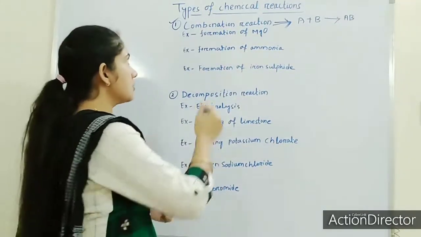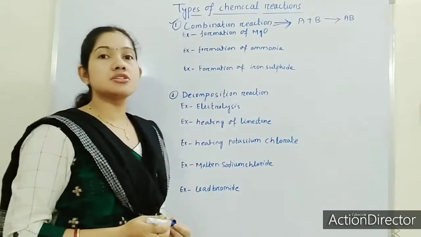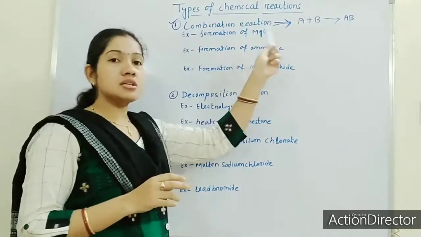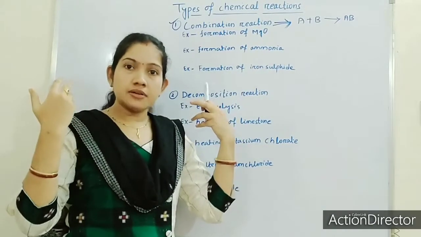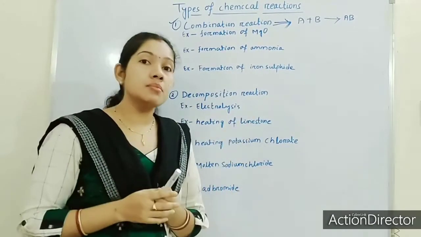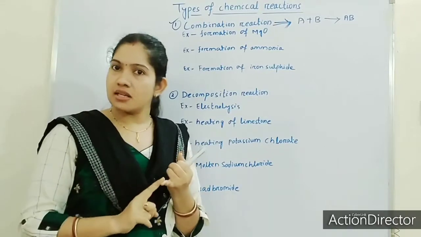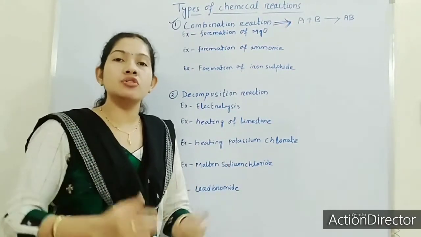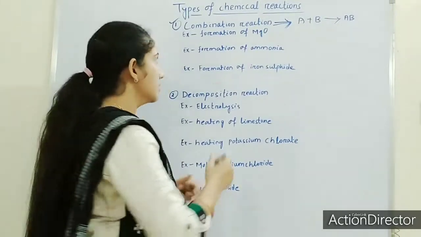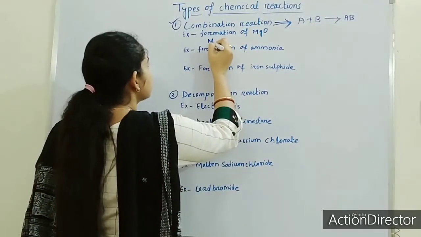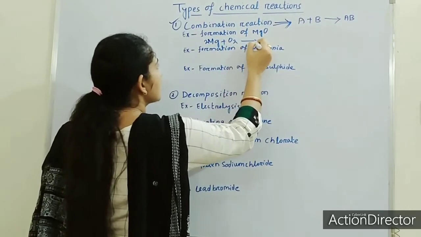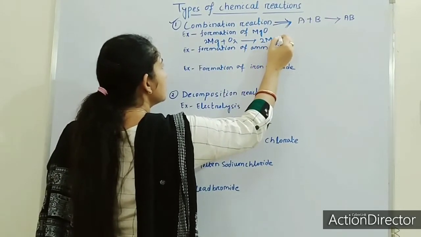The first example we will discuss is the formation of magnesium oxide. By seeing magnesium oxide we can write the reactants. What may be the reactants? Obviously magnesium and oxygen. Magnesium and oxygen combine to form magnesium oxide. Got it?